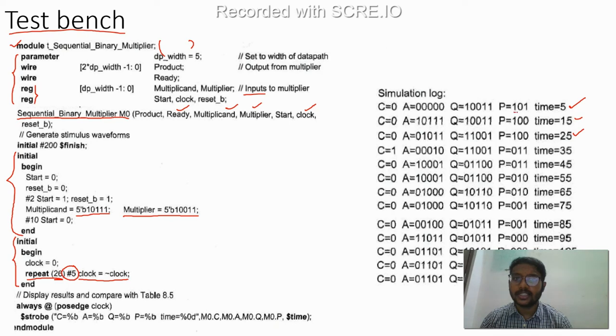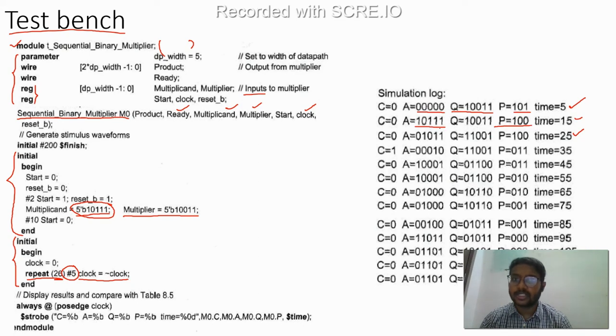Your counter is initially 5, the number of multiplier bits, and your accumulator is 0, and the multiplier is this value, 10011. After the first clock cycle, according to the code, it should add the multiplicand 10111. You add 0000 to 10111 and store it here, right? And you decrement the counter.